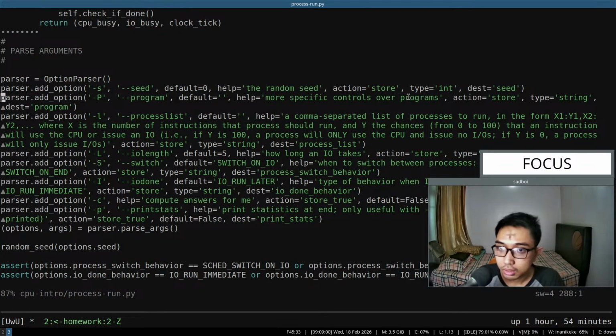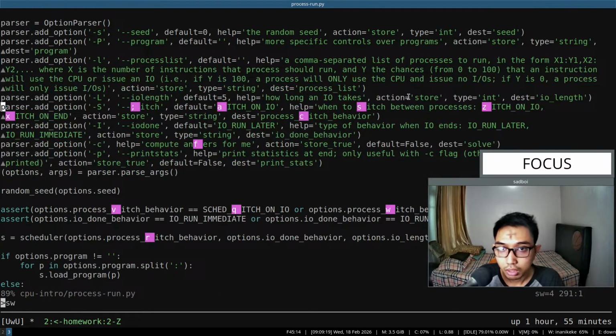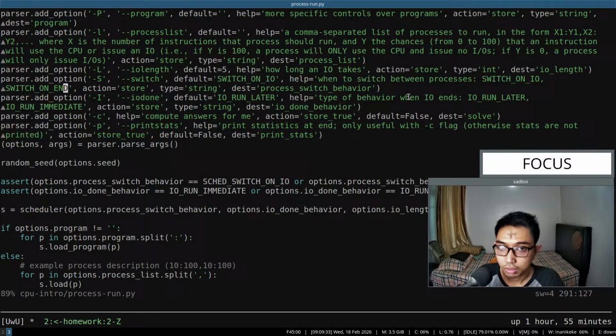Can we change the, what is it called? The policy, right? Oh, I think this one. Switch on I/O. When to switch between process, switch on I/O, switch on end. Okay, process switch behavior.